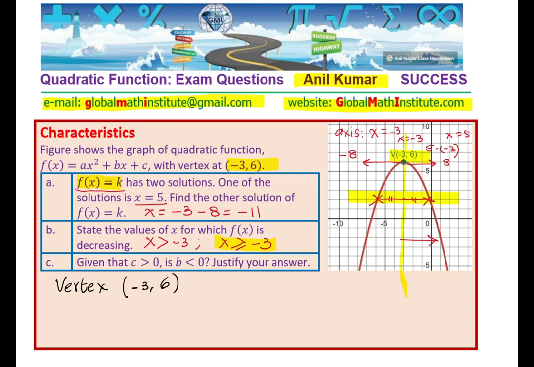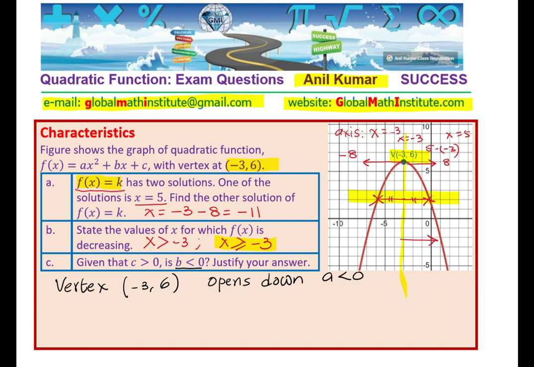Now, since the parabola opens down, it means that the value of a is negative, correct? So we know a is negative. We also know that the x value of the vertex is negative, right? So the question is, should b be positive or negative? This is what you have to figure out.